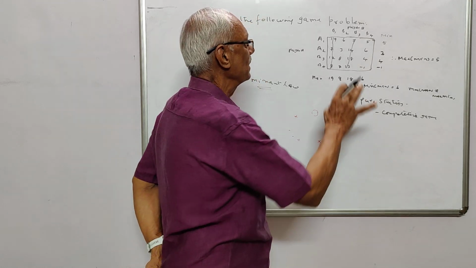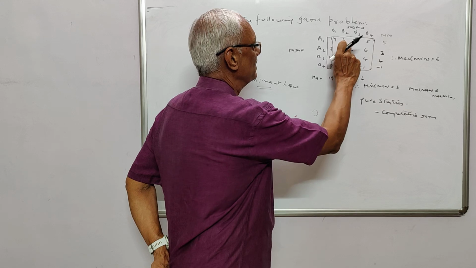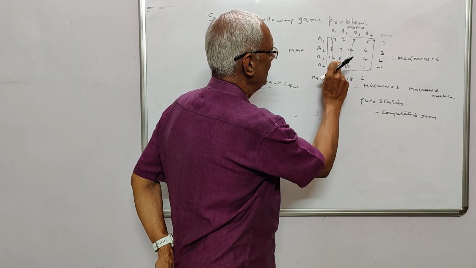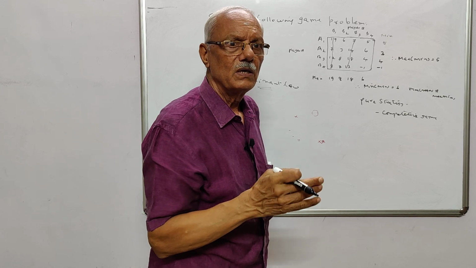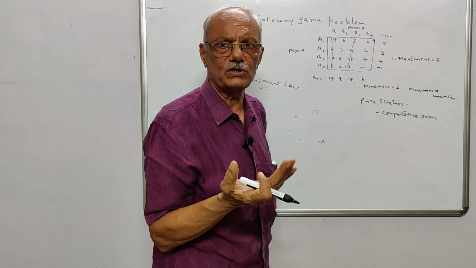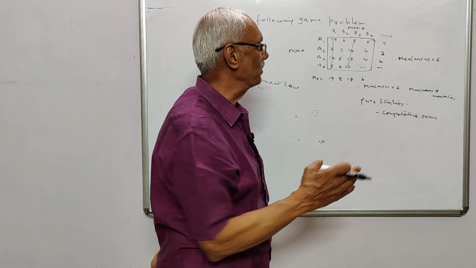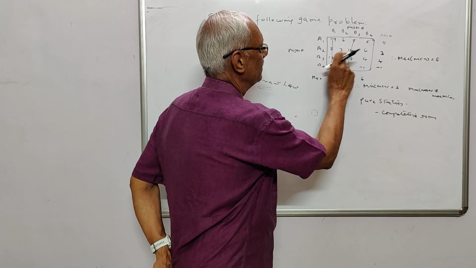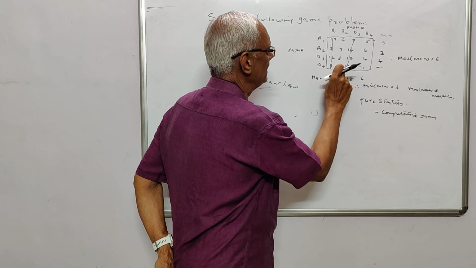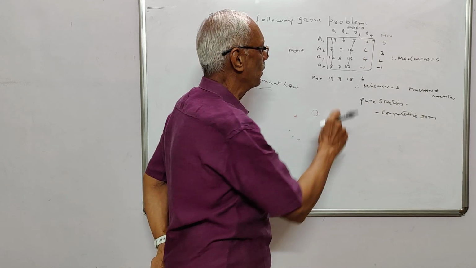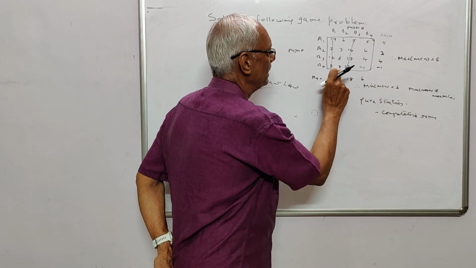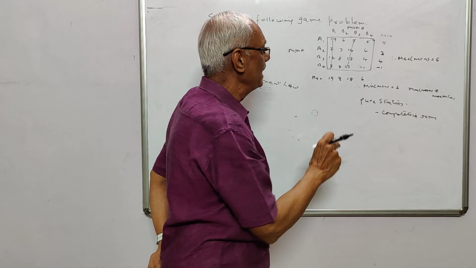Now coming to this, now come to this 6, 5. Now you can search whether row wise elimination is possible. Say 6, 5, 3, 6, 8. Say 8 is greater than 7, and 4 is greater than minus 1. That means A3 dominates A4.